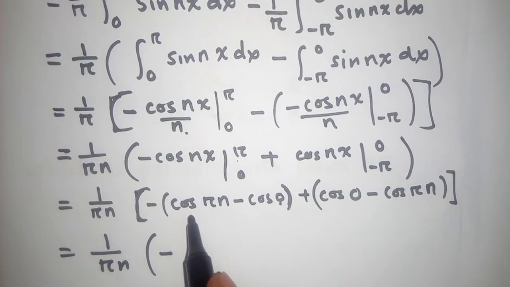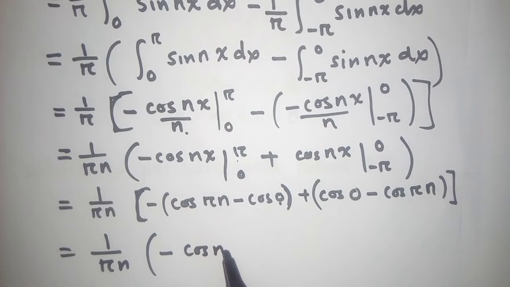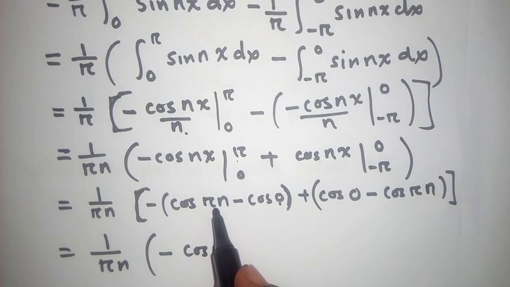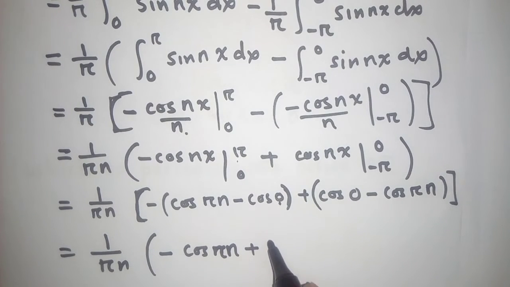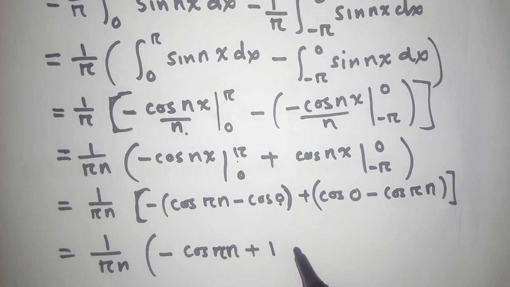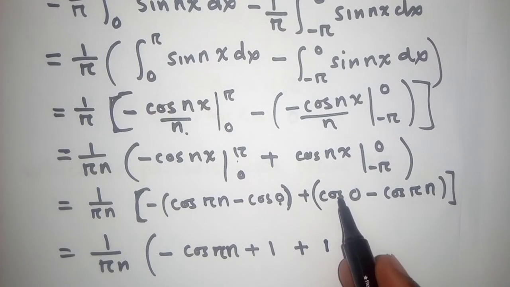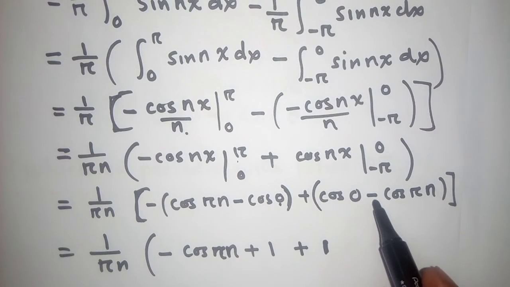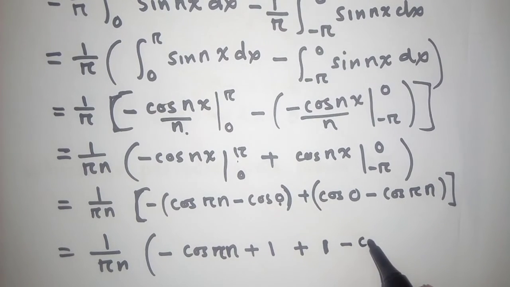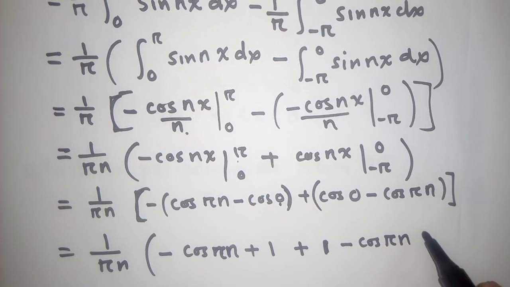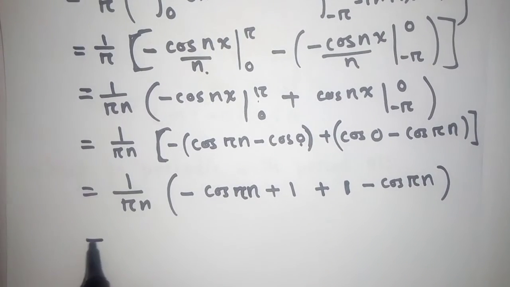Here it's negative cos pi n, sorry, plus this negative and negative will be a positive 1, because cos 0 is 1, minus, oh sorry, it's a plus here, it will be a 1. This is a 1, and this one will be minus cos pi n. Okay, so we are moving.